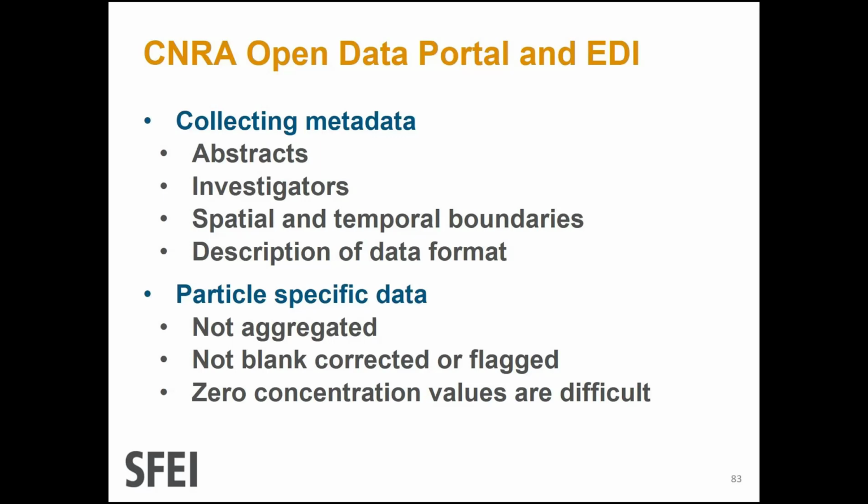The data portals are also, like I said, particle-specific data, so they're not aggregated. So each individual record is not going to be blank corrected or flagged, and it is a challenge to submit samples with no particles found at all.